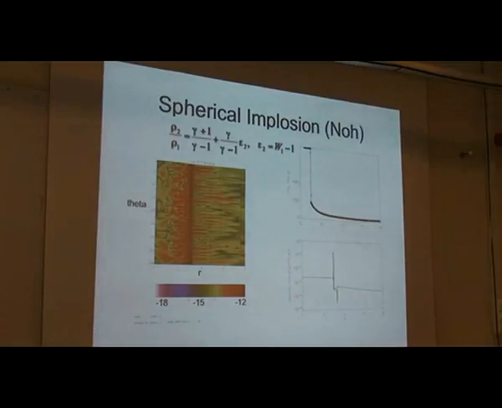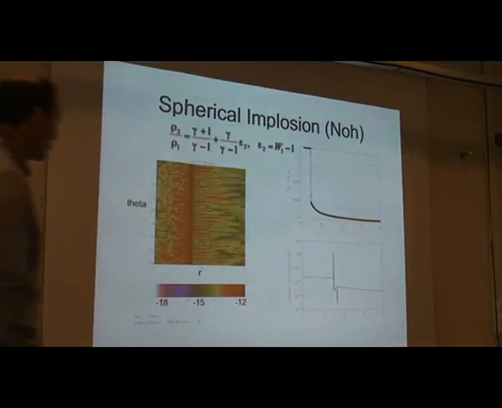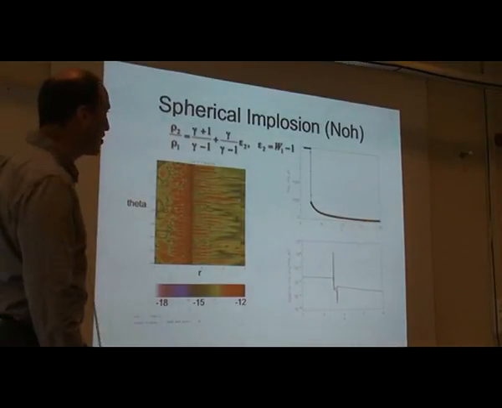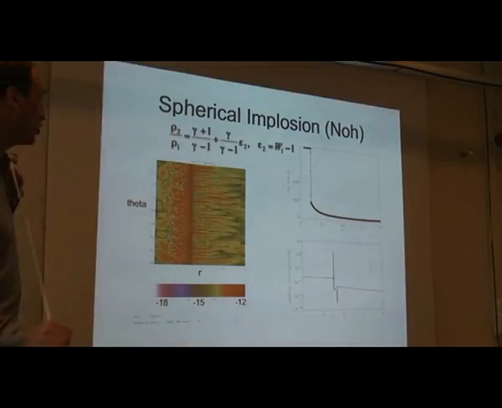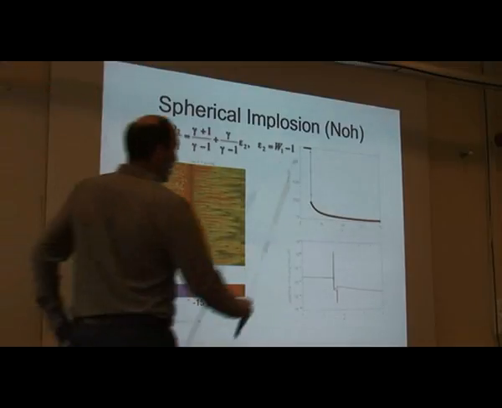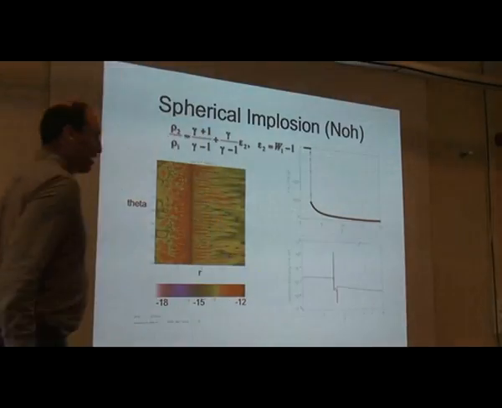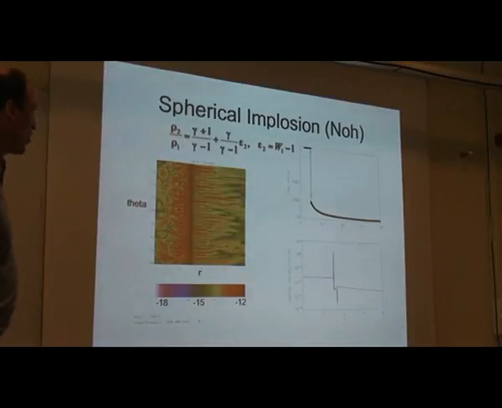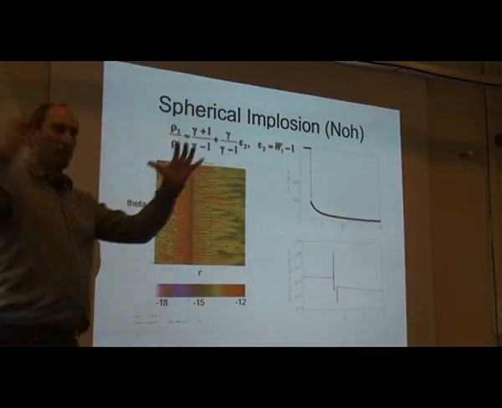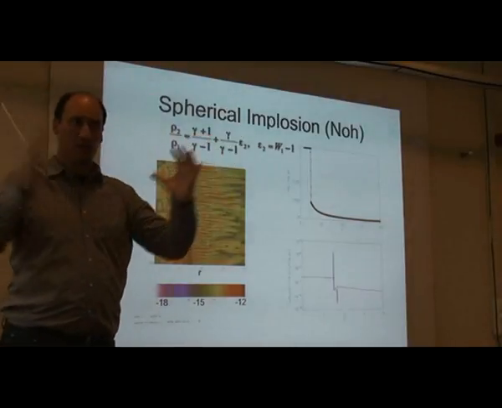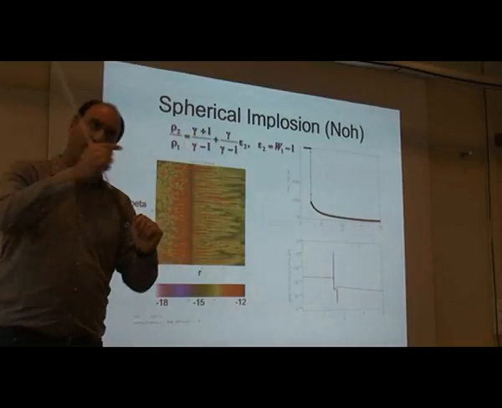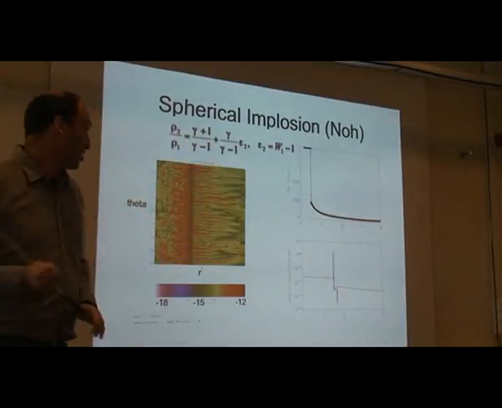Okay, so here's a test of some problems with AMR. This is called the Noh problem. It's a spherical implosion where we know the solution exactly. That's the solid line. And what we're showing here is a radial implosion, in spherical coordinates. We're showing the transverse velocity, which should be 0.